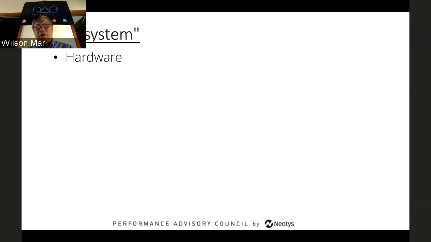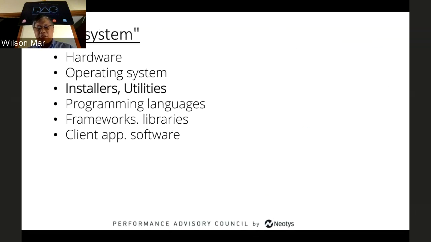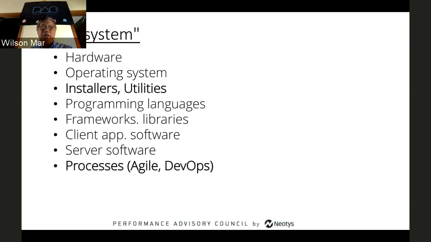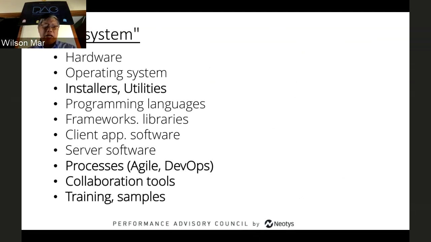Okay. So now there's a whole lot of these ecosystems, and every application, every new thing has a whole ecosystem of hardware, operating servers, installers, utilities, as well as the programming stuff and frameworks, and then different processes and training examples. I haven't had the time to really do this programming, and that really wasn't my interest, because my original reason for getting into performance was that it was the most difficult part.